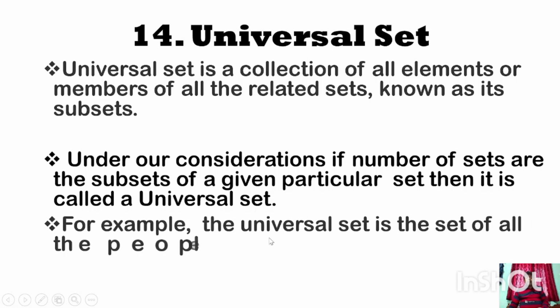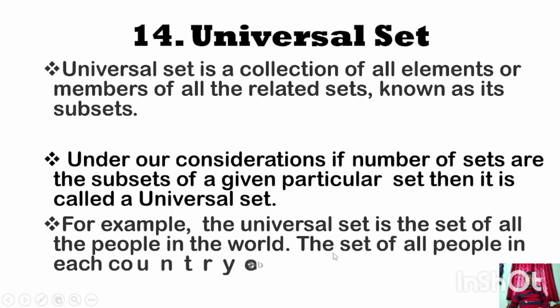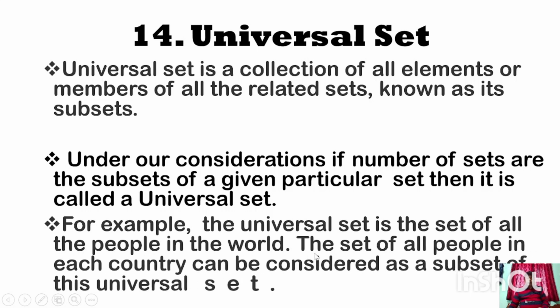For example, the universal set is the set of all the people in the world. The set of all the people in each country can be considered a subset of the universal set. All the people of India are a part of the world. So India is a subset of the universe, the world.